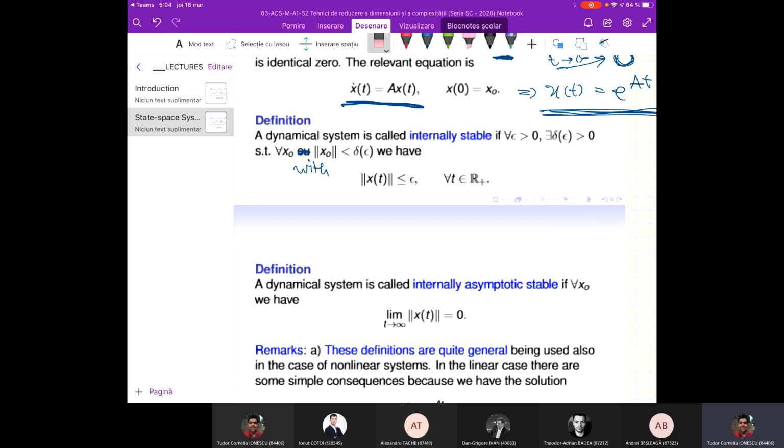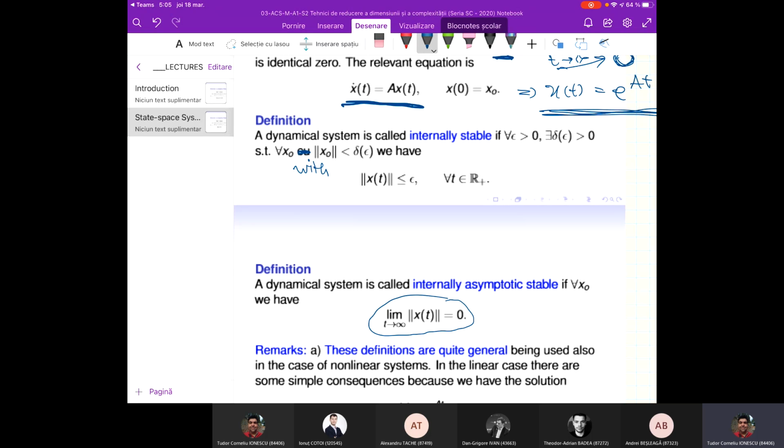A stronger notion, and the most important in control, is the so-called asymptotic stability. A dynamical system is called asymptotically stable if for any initial condition, x of infinity goes to 0. This is called asymptotic stability.